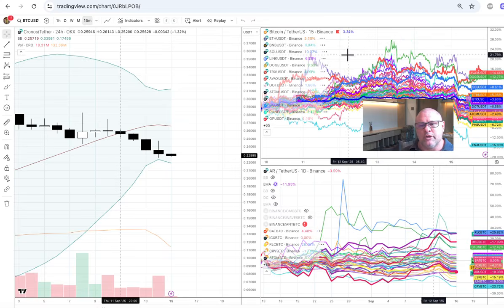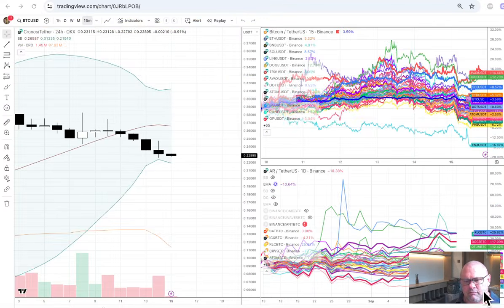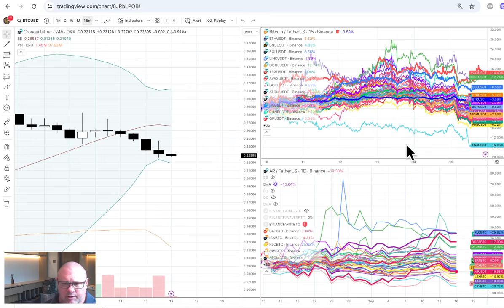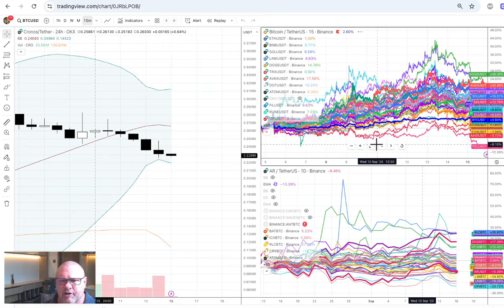So we're going to go to a squiggle chart here. I'm going to do this. Okay, we're just going to look at the squiggle chart over here anyway.